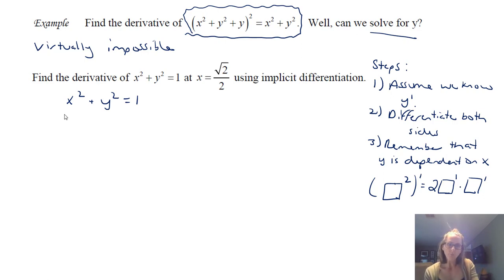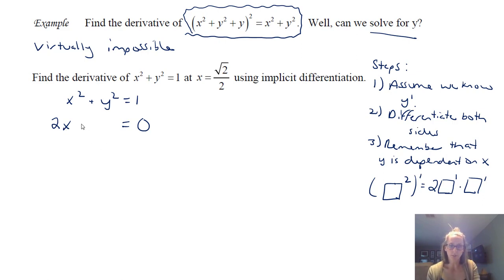So a lot of this is exactly what you think. When we take the derivative of 1, 1 is a constant, and the derivative of any constant is 0. When you take the derivative over here on the other side, the derivative of x squared is still what you always think, 2x, just as we've always done.